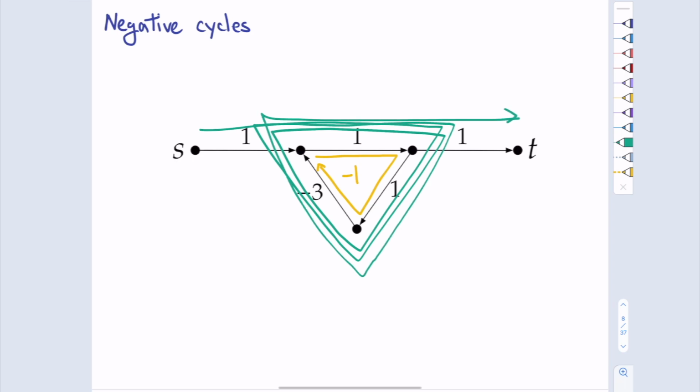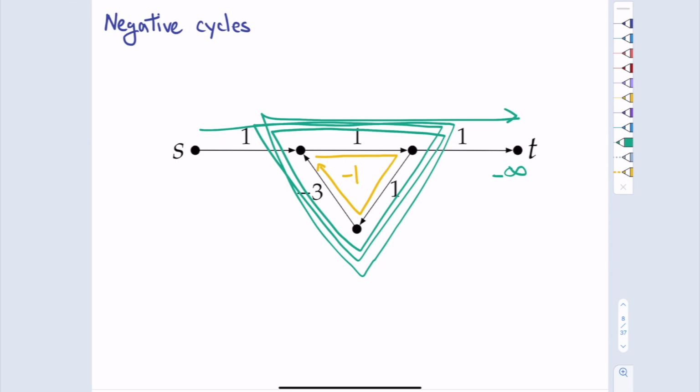So that might have been, I went around, looks like 3 times, plus 2. So this would have been a total length of -1, but of course I could have repeated the triangle and made it arbitrarily negative. Consequently, the distance from S to T is defined as -infinity in this case.